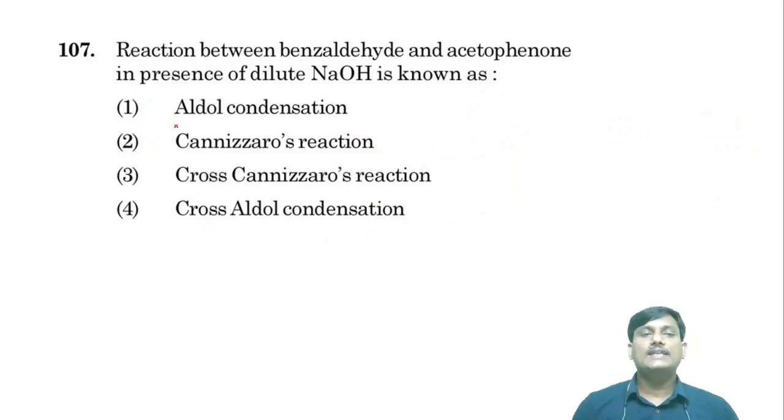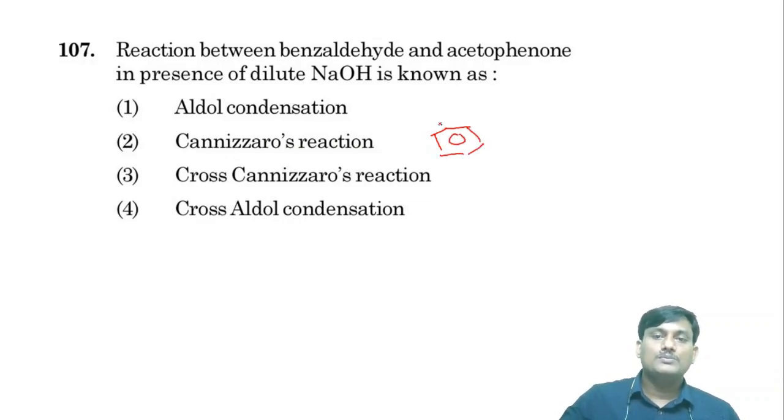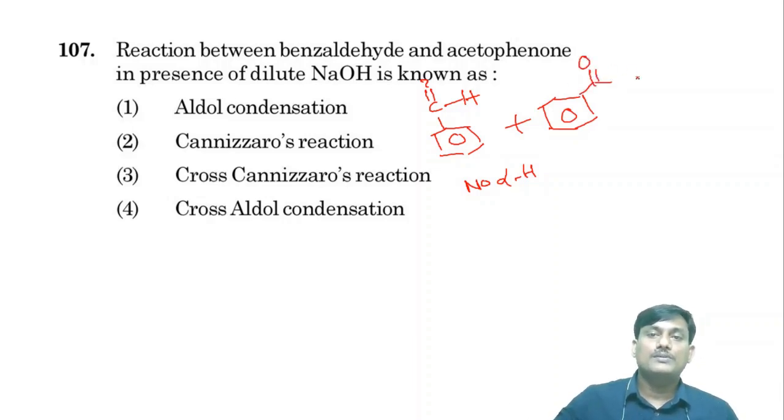Reaction between benzaldehyde and acetophenone in the presence of dilute NaOH is known as? It is a reaction between two carbonyl compounds, one an aldehyde and the other a ketone. Let us take benzaldehyde, this molecule. In this case, there is no alpha hydrogen. And this is acetophenone.